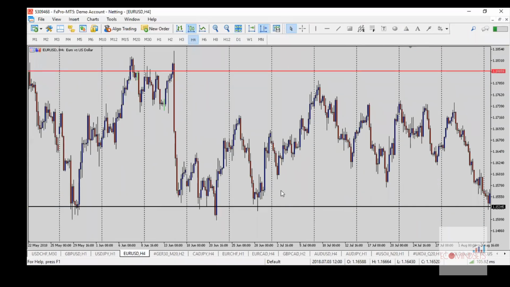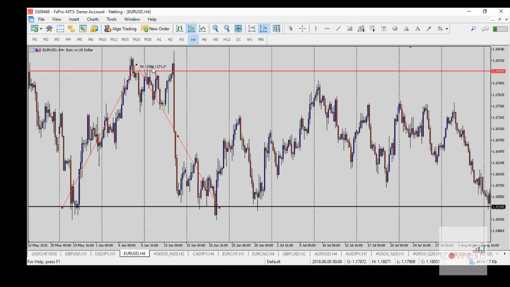So as I was saying, on the 4 hour you can see the space in between the red line and the black line. You can see price ranging from here to here, and price ranging from here, came back here, and then finally dropped.